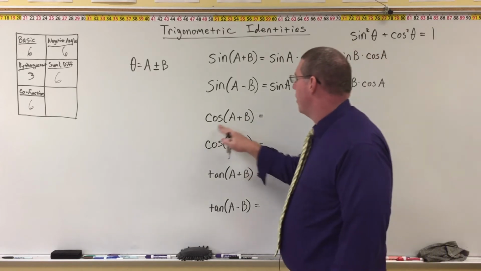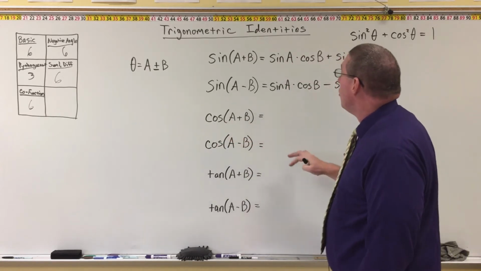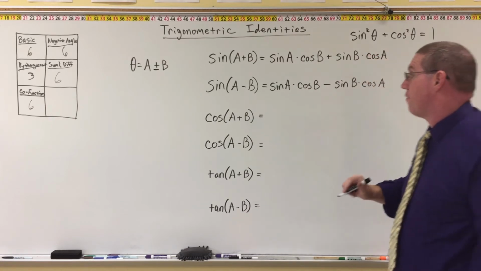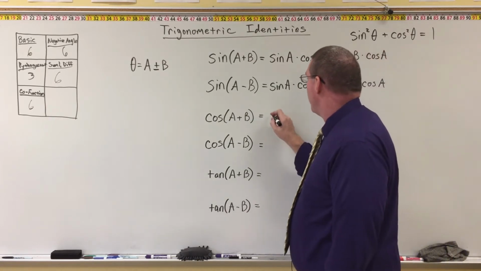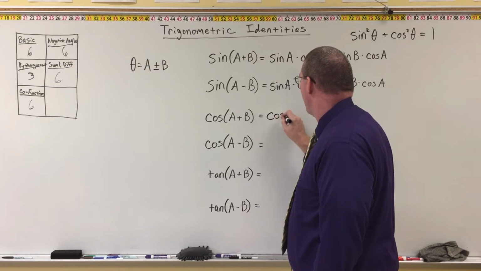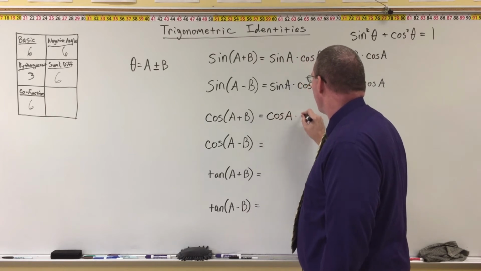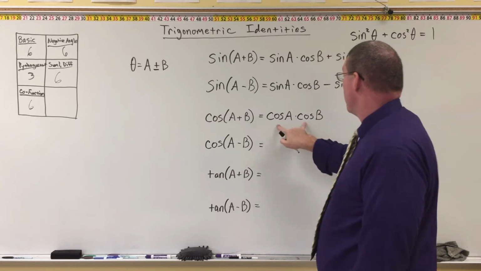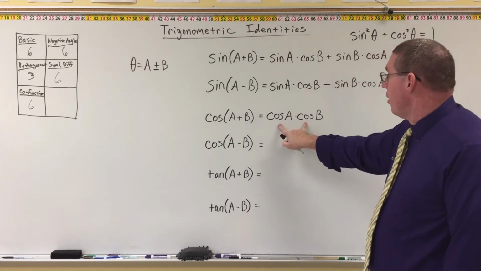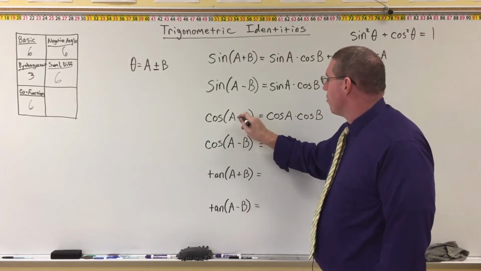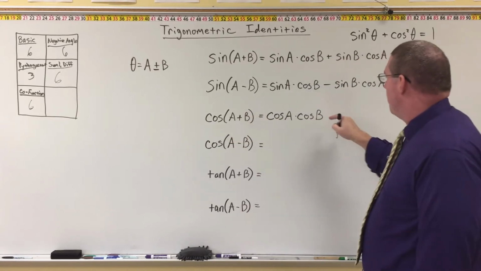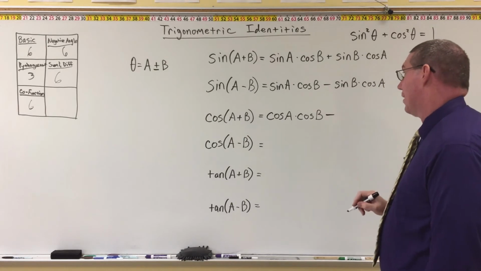All right, cosine of A plus B. This one looks very similar to this, but there are two distinct differences. The first one is that the first part is cosine of A times cosine of B. So we put both cosines with each other. The other big difference is that when it's a sum in the angle, for cosine it becomes subtraction here.